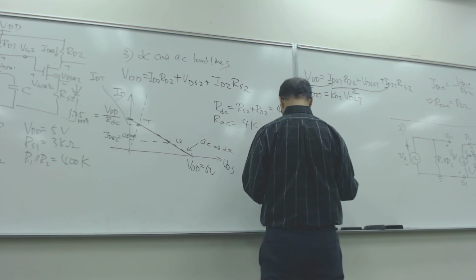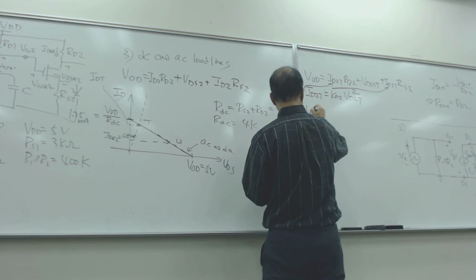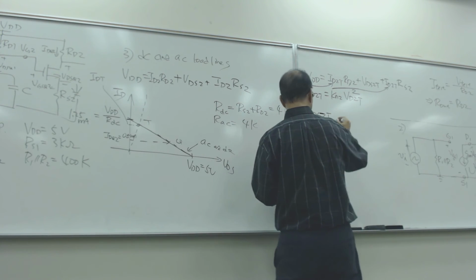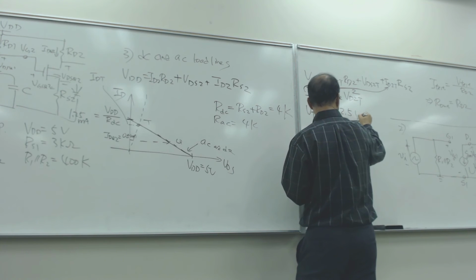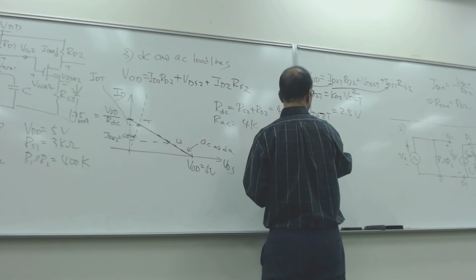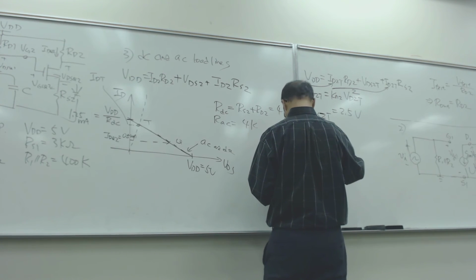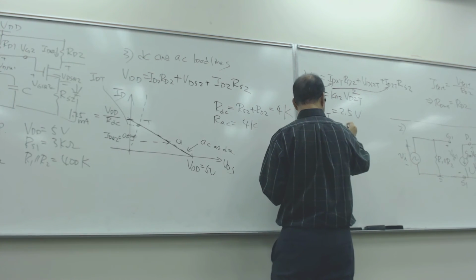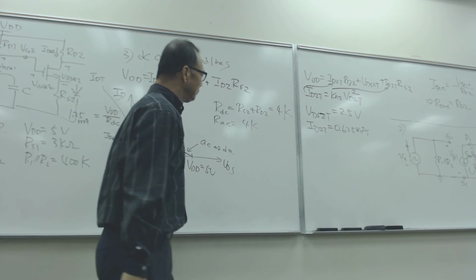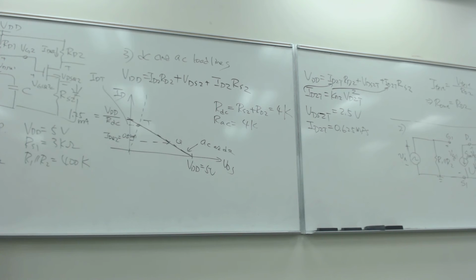Okay, so VDS2T, according to my note, 2.5 volts. So therefore, ID2T is equal to 0.625 in here. So we know VDS2T. It is quadratic for it.